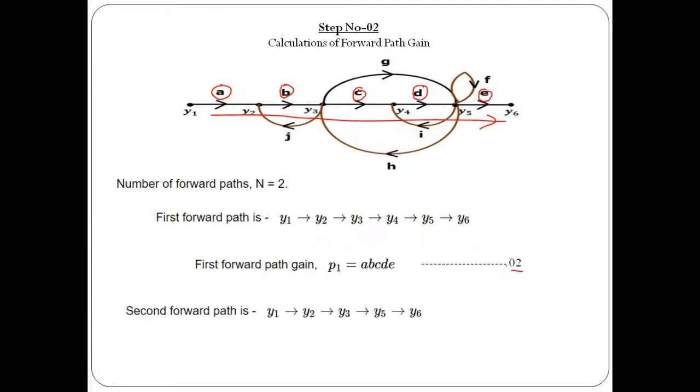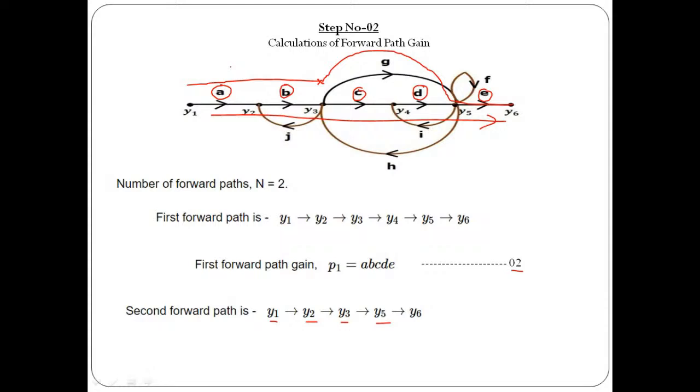In the same way, we identify the second forward path, and it is formed between y1, then y2, y3, and directly from y3 to y5 through this particular path. See, y1, y2, y3, and then from y3 directly to y5, and then from y5 to y6. And what will the gain be?